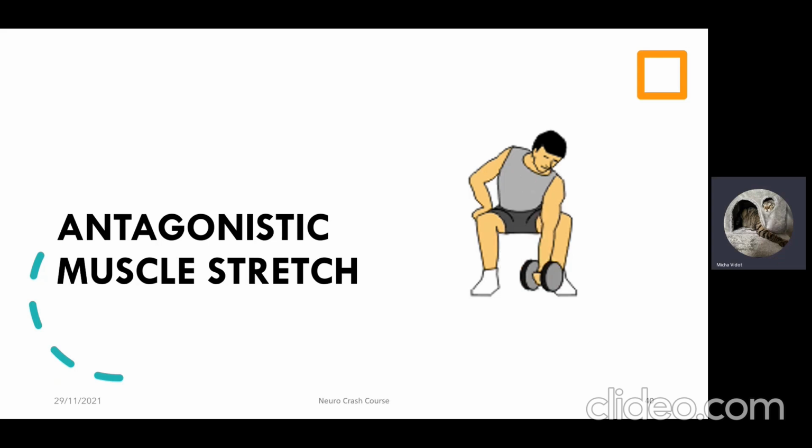When there is an unintended stretch of the biceps, the afferents stimulate the alpha motor neuron pool to the biceps to increase contraction, and at the same time activate inhibitory interneurons that will inhibit alpha motor neurons to the triceps so that it will relax. This is done because if we reflexively contract the biceps, we need to be able to relax our triceps so that a movement can actually occur. And that whole process is known as reciprocal inhibition.